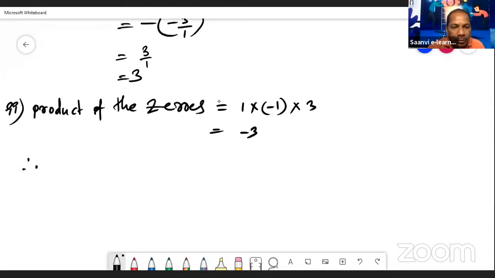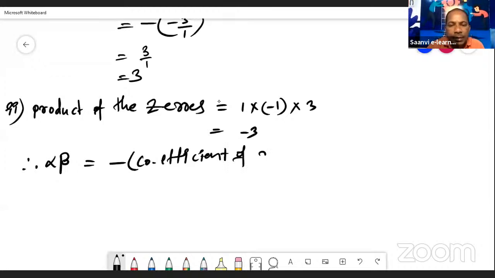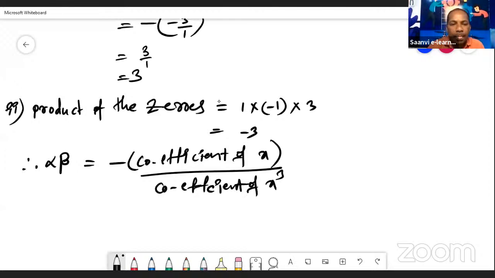Now check by formula, the product of the zeros formula. Alpha beta gamma is equal to minus of coefficient of x... sorry, not the coefficient of x here, the constant term.